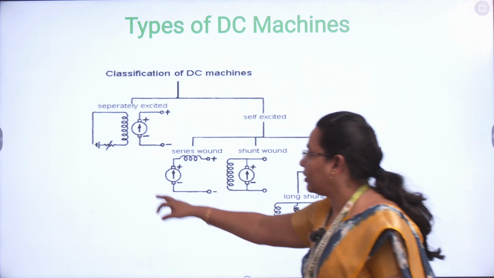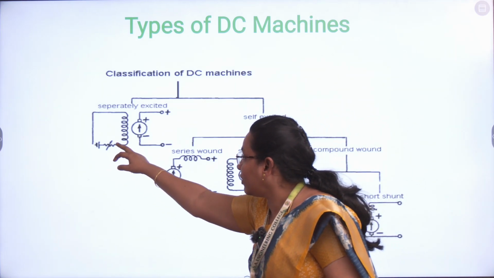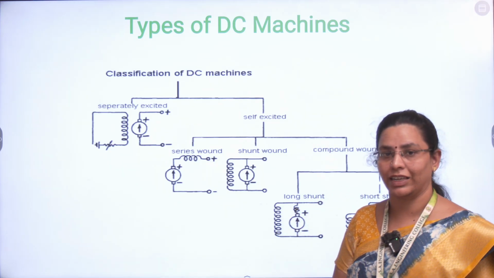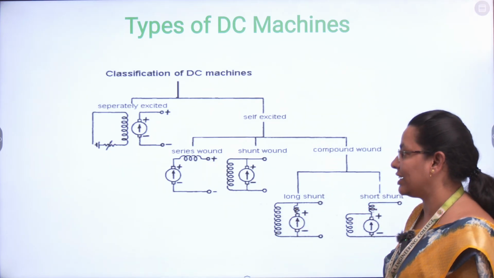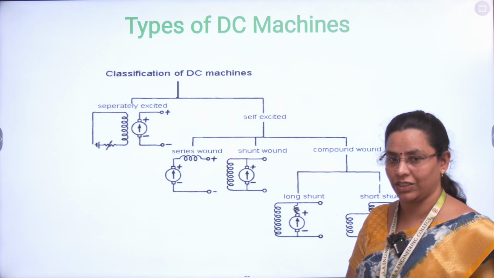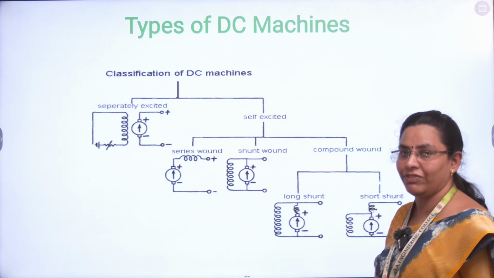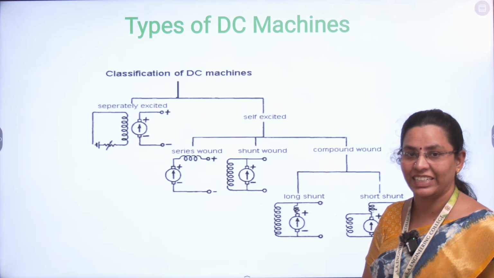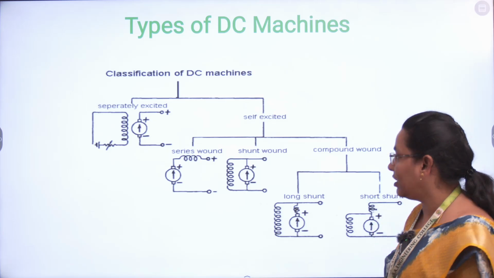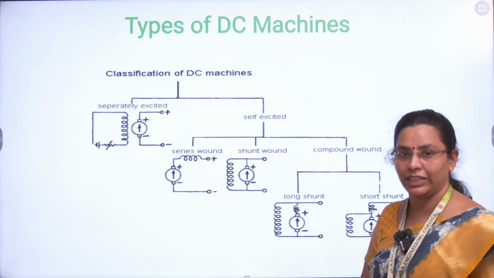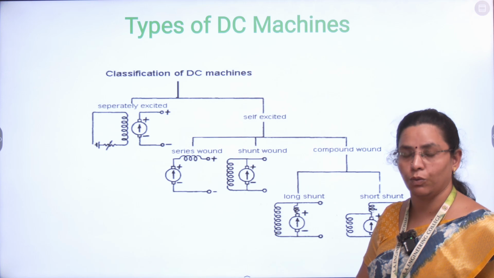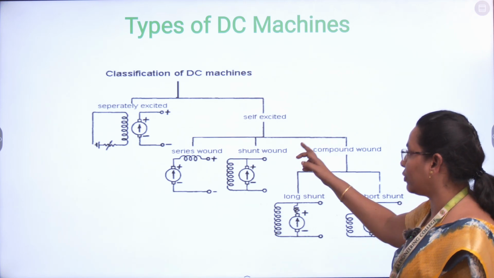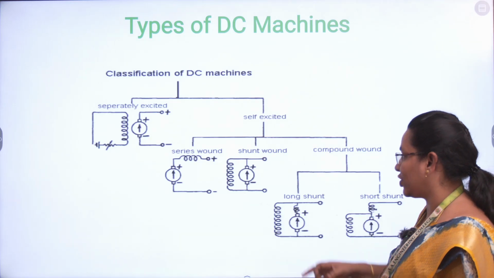If the DC voltage is given to the field winding by using an external device like a battery, that type of excitation is called separate excitation. Self-excitation does not require any external device; the voltage produced by the generator itself is enough to produce the excitation.